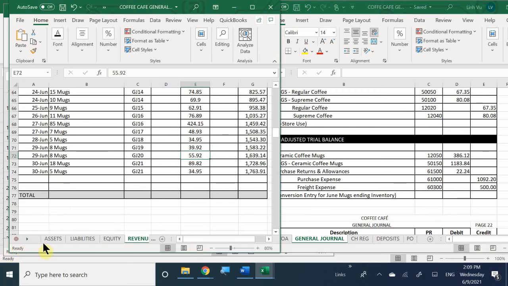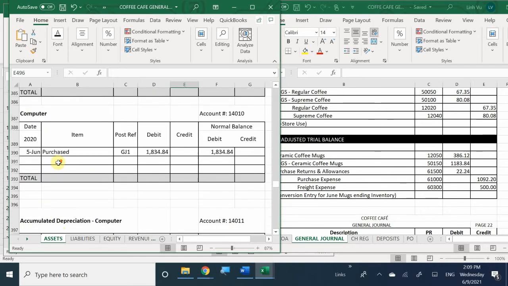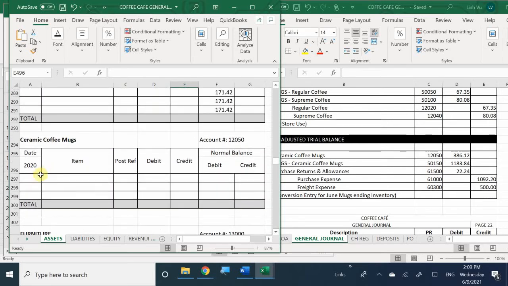We finally have inventory. 630 for our ceramic coffee mugs.